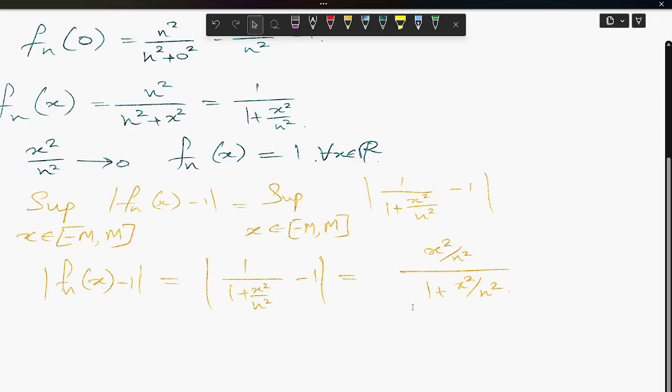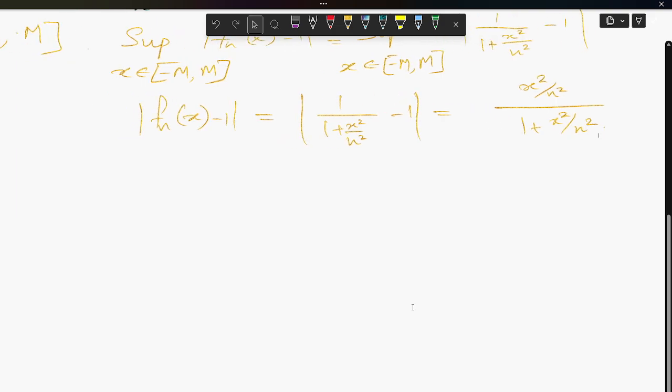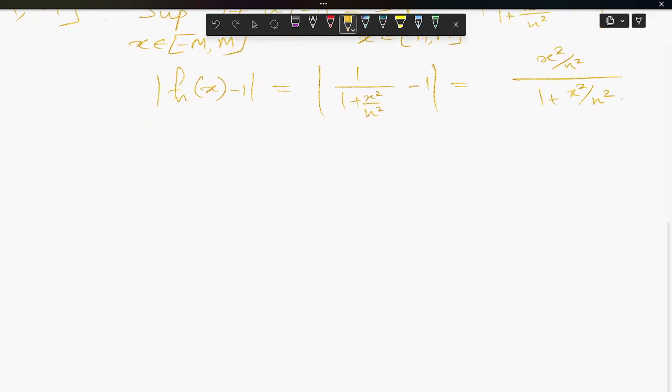Since our x belongs to minus M to M, the maximum occurs only at x equals plus M or minus M. So the supremum of this, when x belongs to the closed interval minus M to M, of mod f_n(x) minus 1 will be M square by n square upon 1 plus M square by n square.